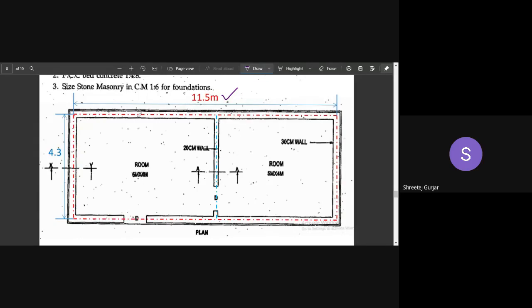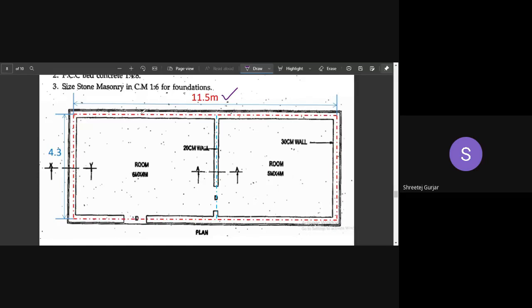So how many long walls? In 30 centimeter, I have two long walls and two short walls. Okay, the 30 centimeter wall has two short walls, 1 and 2. This one is not considered under 30 centimeter because this is a 20 centimeter wall, right? So counting the 30 centimeter wall, we have two long walls and two short walls.